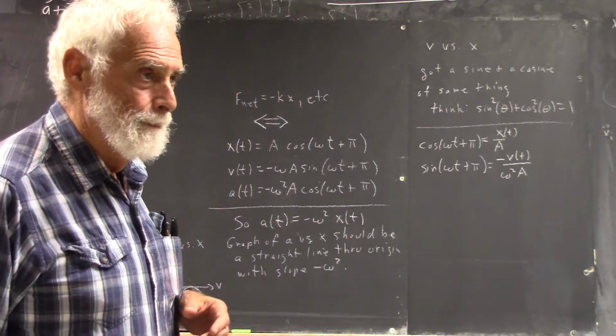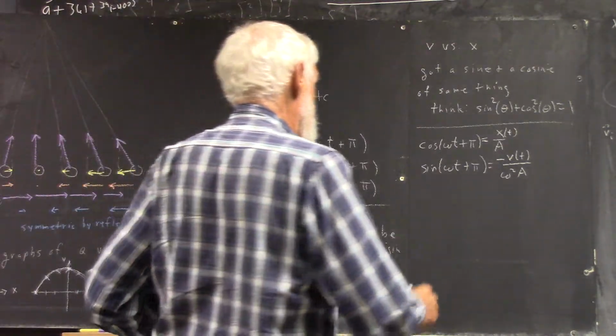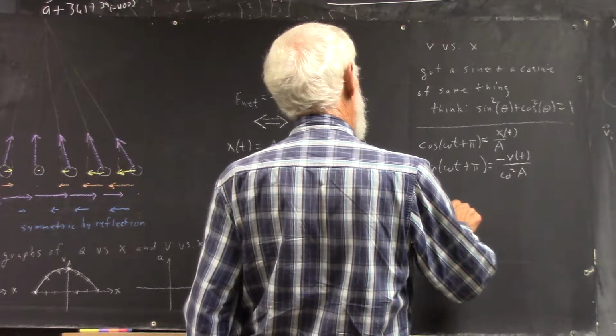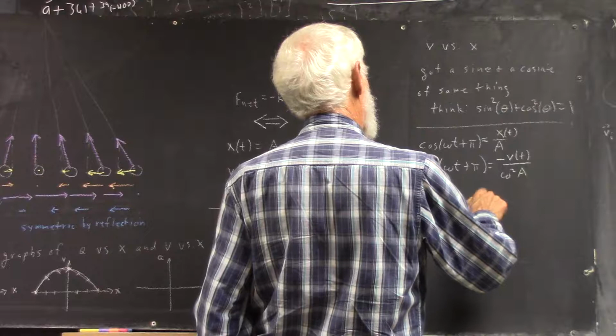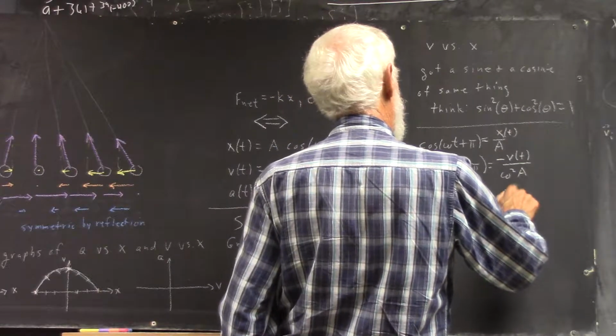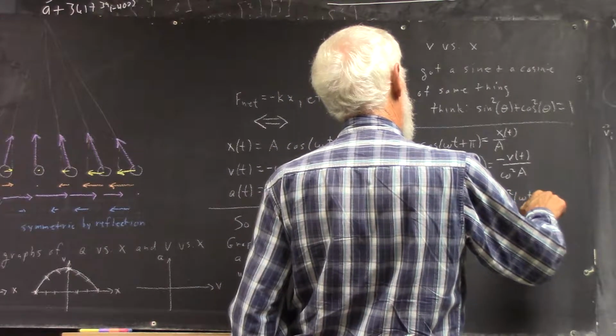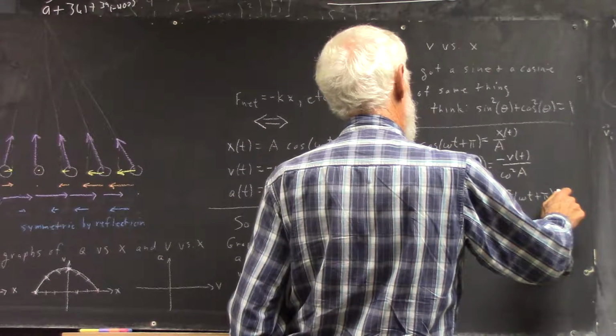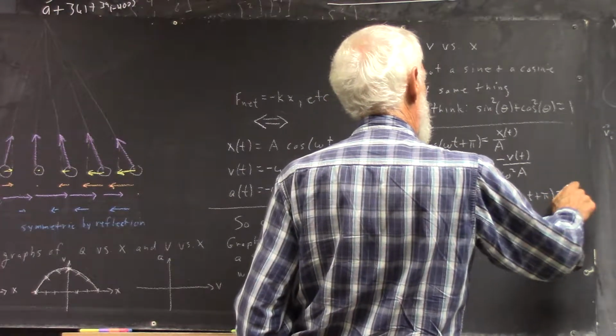Okay? And then, well, sine squared of omega t plus pi plus cosine squared of omega t plus pi equals 1.